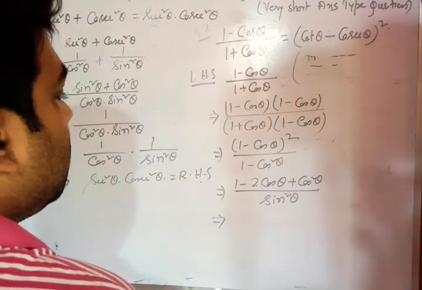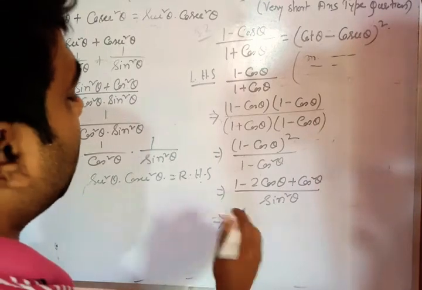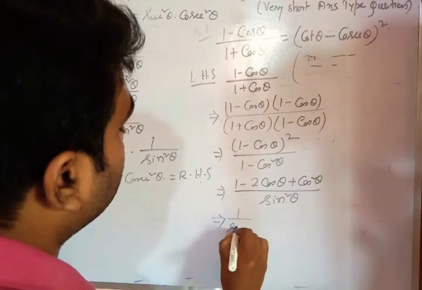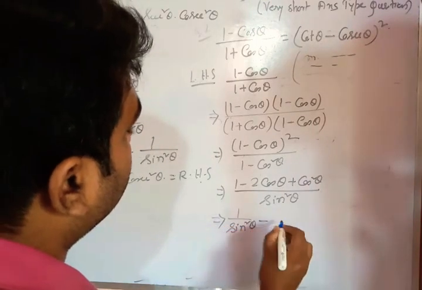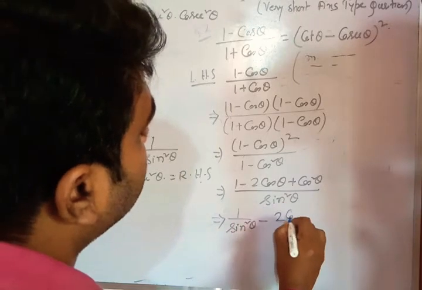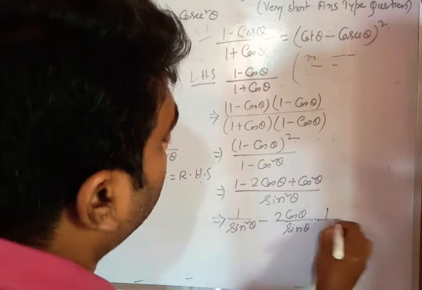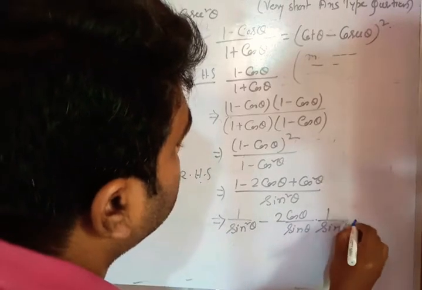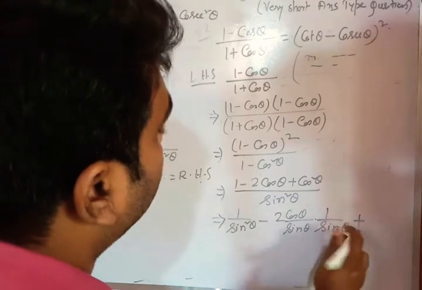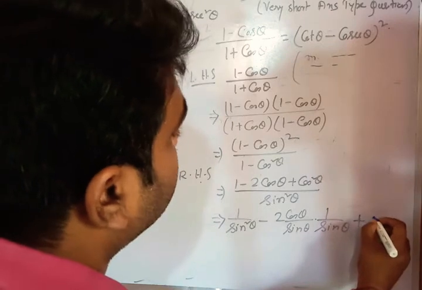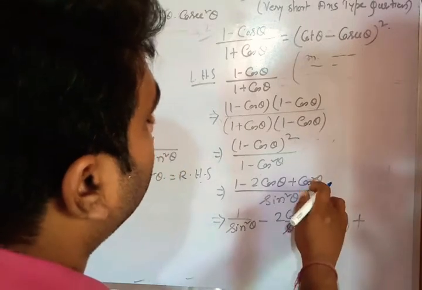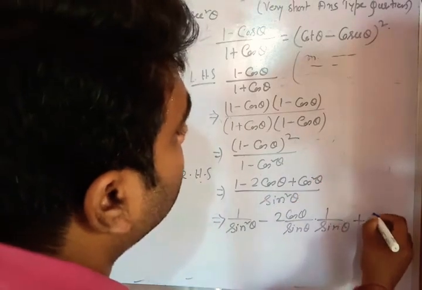Now this can be written in the form of 1 by sin square theta minus 2 cos theta by sin theta into 1 by sin theta plus cos square by sin square, which means cot square theta.